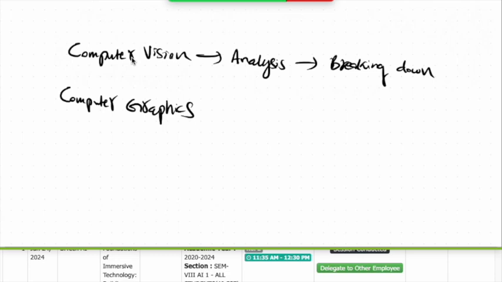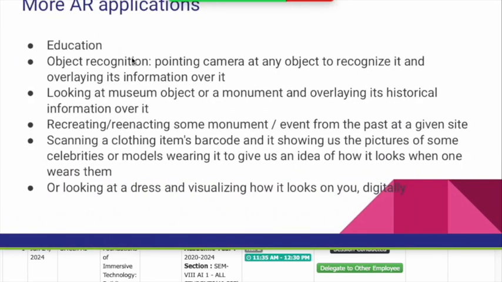Or suppose a 3D simulation. Again, that's 3D content. In education, you overlay some 3D simulation, that's 3D content. Or recreating or reenacting some event or monument. Again, that's 3D content.